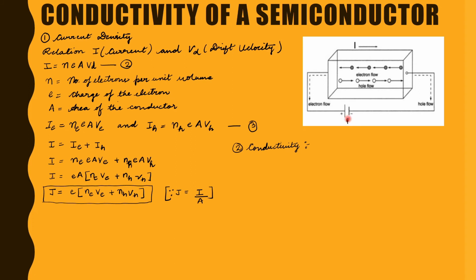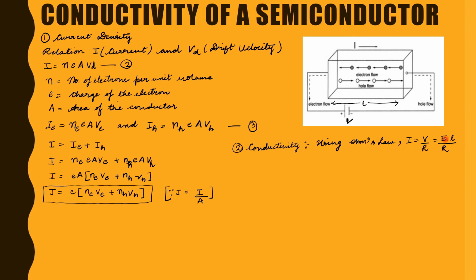Here is our potential difference, and we take the length of the semiconductor as L. Using Ohm's law, I is equal to V by R, that is potential difference by resistance, and potential difference can be written as E dot L, where E is the electric field and L is the length of the semiconductor, divided by R.